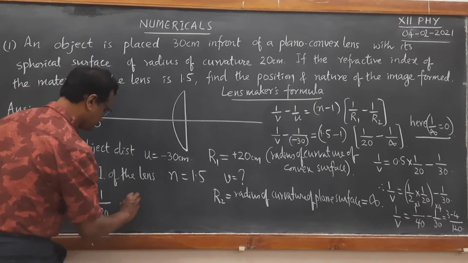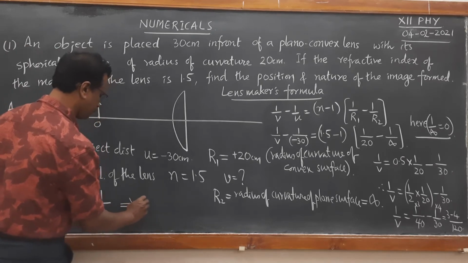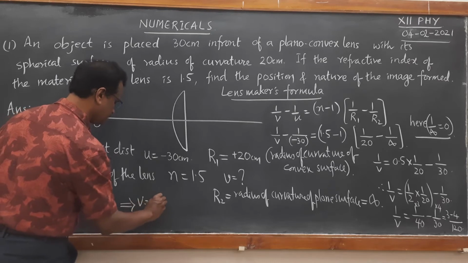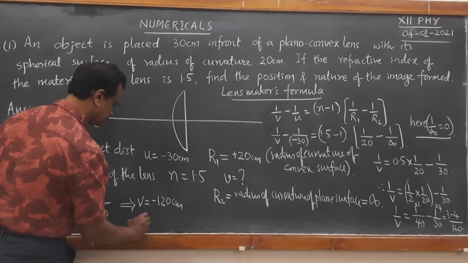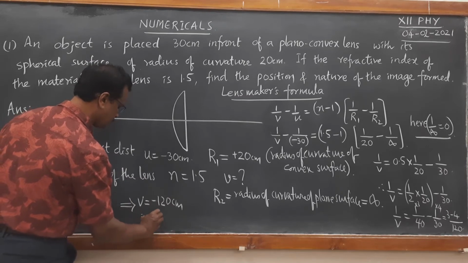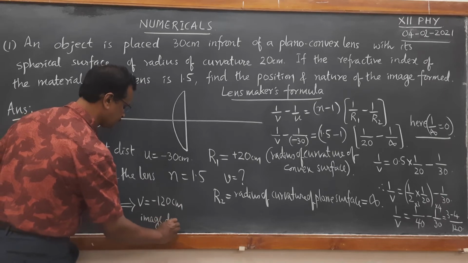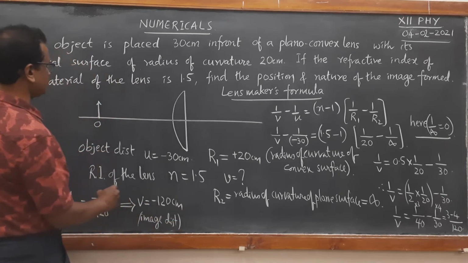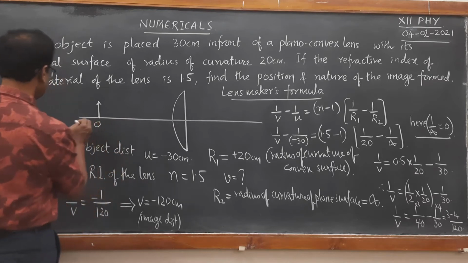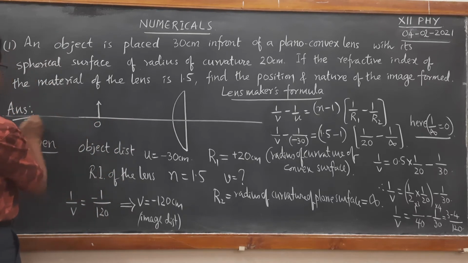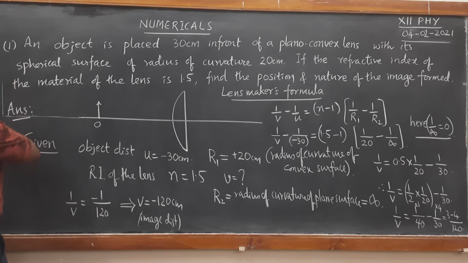This implies image distance v is equal to −120 centimeter. This is the position of the image, or you can say image distance. You can see from the diagram, object distance is −30 centimeter, and the image is going to be formed somewhere here, on the same side.